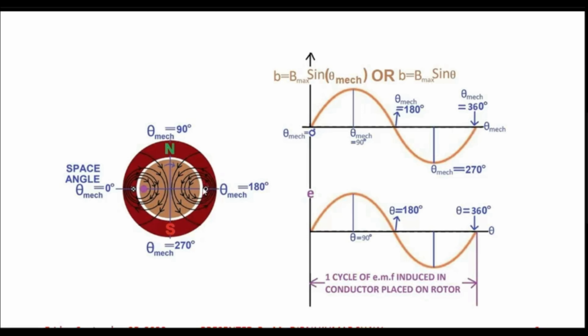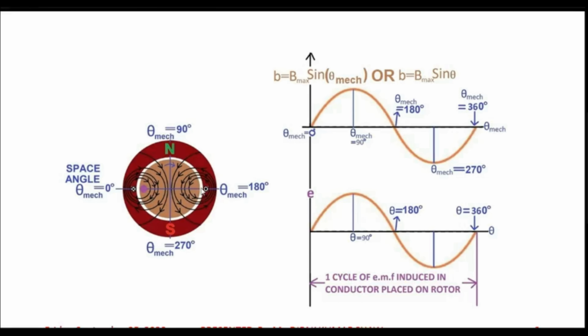Likewise, if you come over here at theta mechanical equals 180 degree, you will find that the same thing is happening. Neither are the magnetic lines of flux leaving nor entering this particular portion on the stator core. Simply try to view the point in the air gap which is in front of the coil side carrying dot current.